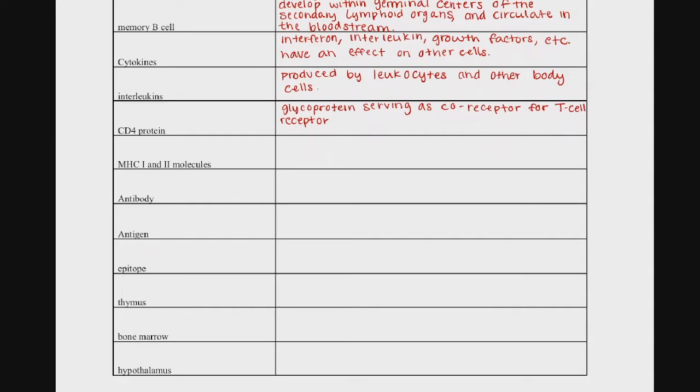So MHC1 and 2 molecules, to explain this, I'm going to break it up into either 1 or 2. So class 1 MHC molecules, they span the membrane in almost every cell in an organism.